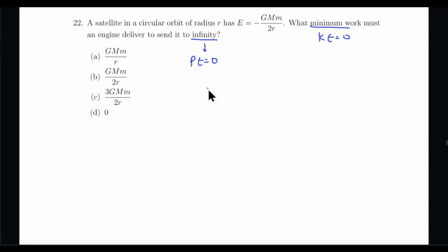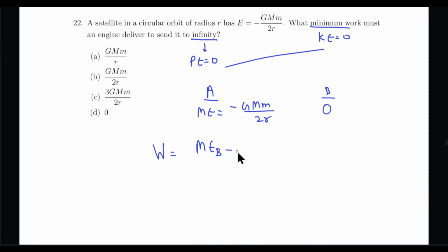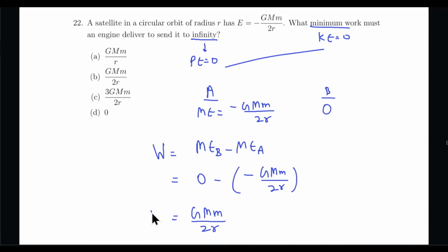So in other words, at A the mechanical energy is given by negative GMm over 2r, and at B both are zero. So the work by the agent is mechanical energy at B minus mechanical energy at A. So it is 0 minus negative GMm over 2r, which is GMm over 2r. So that should be the work. That's straightforward. It should be option B.